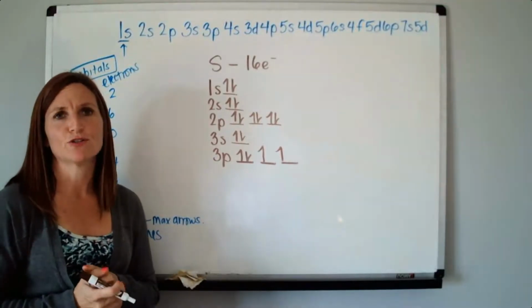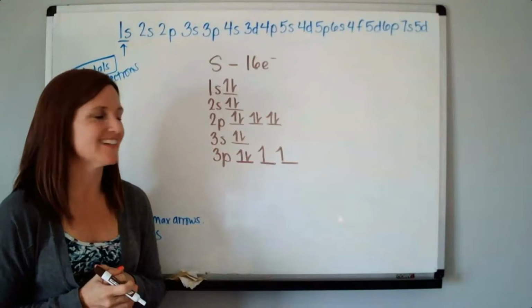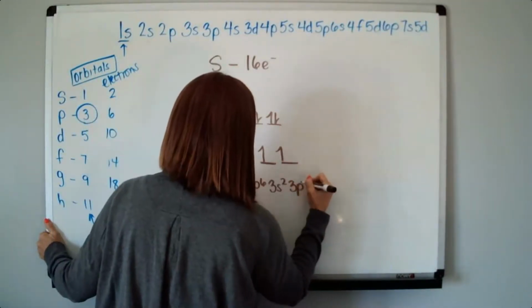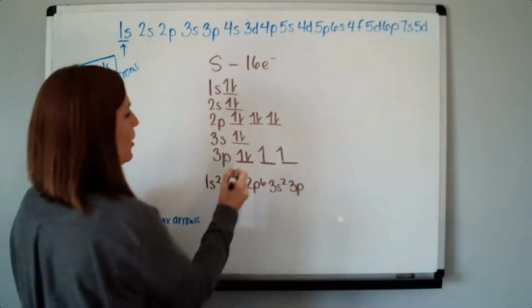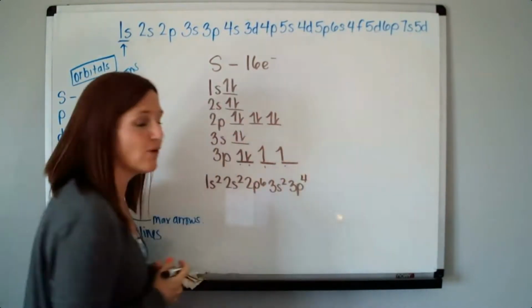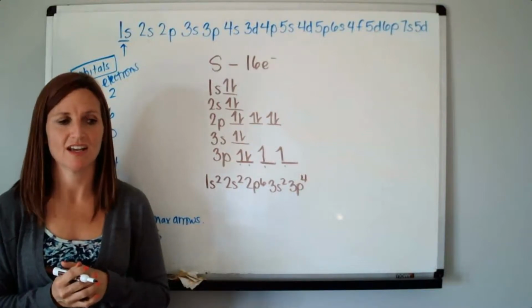This is sulfur's orbital diagram. Now put it into the electron configuration. What should this be? At the very end, 3p, 1, 2, 3, 4. 3p4. Very good. So there's sulfur's electron configuration.